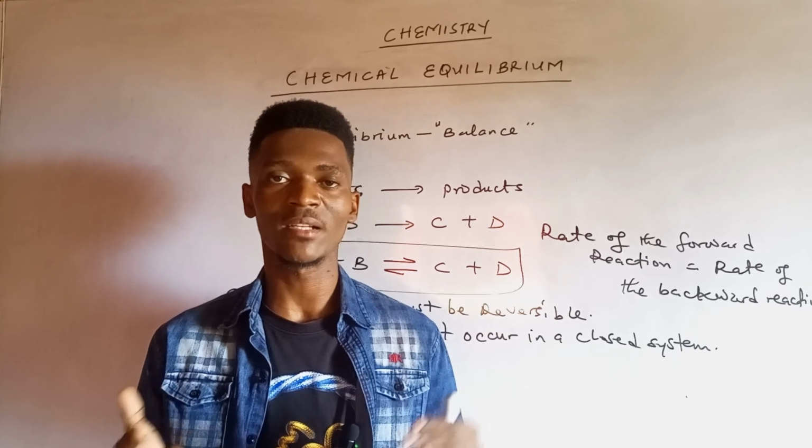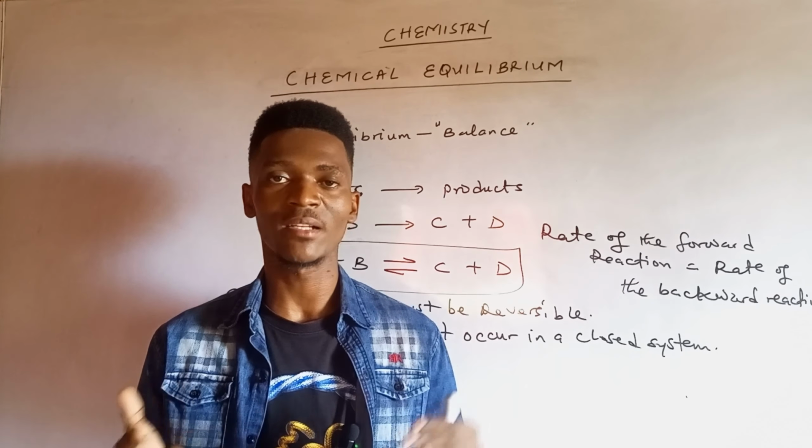Then the system tends to lose its equilibrium. But after losing its equilibrium, such a system tries to regain its equilibrium by adjusting itself. So that would now lead us to a principle known as Le Chatelier's principle.